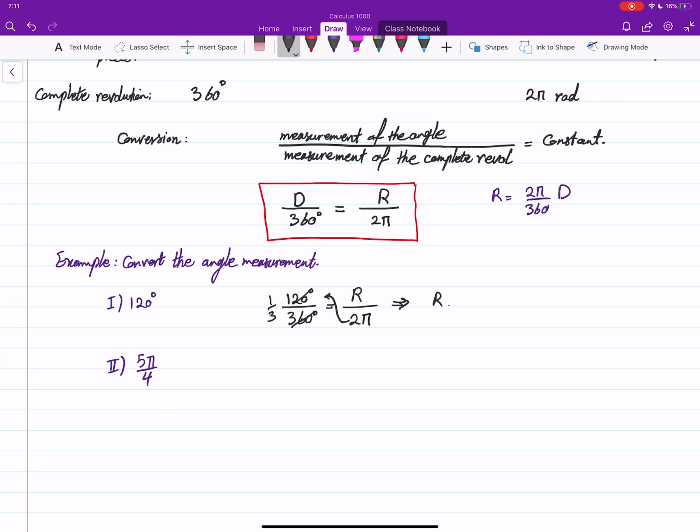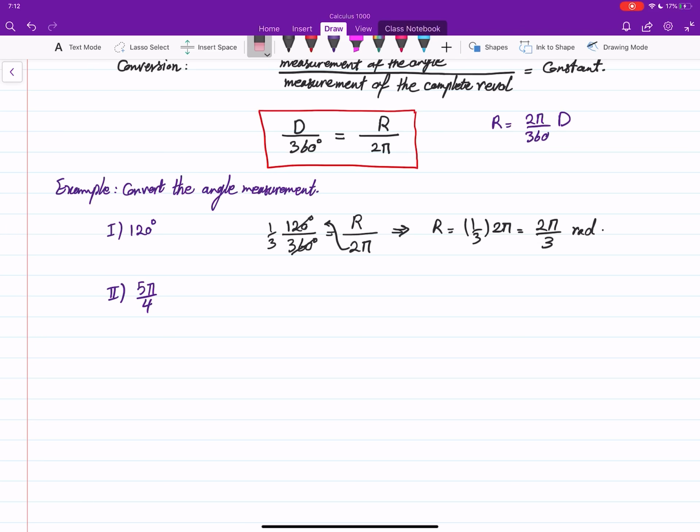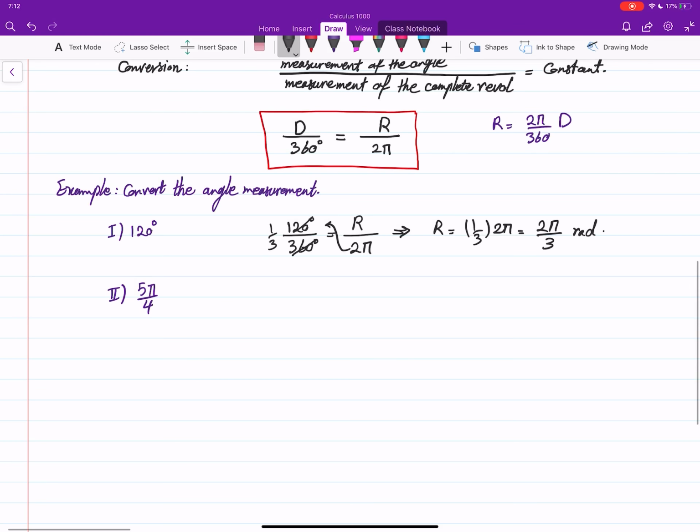So radian is 1 over 3 times 2 pi, and that's the same thing as 2 pi over 3 radian. So 120 degree is the same thing as 2 pi over 3 radian. And for this other one, we can use the same formula. The 5 pi over 4. What portion of 2 pi is your angle in radian?